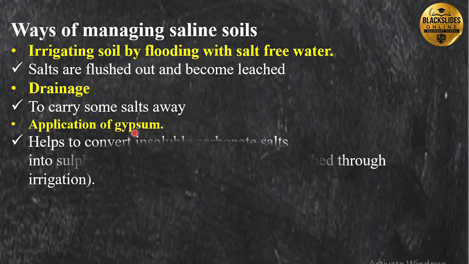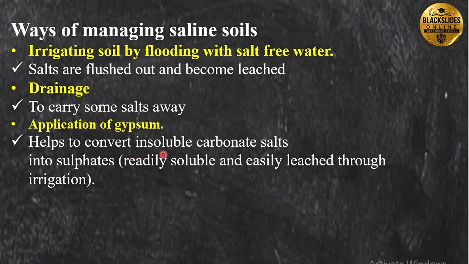This helps to convert insoluble carbonate salts into sulfates, which are readily soluble and easily leached through irrigation.